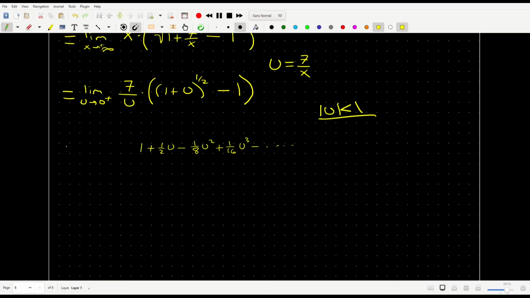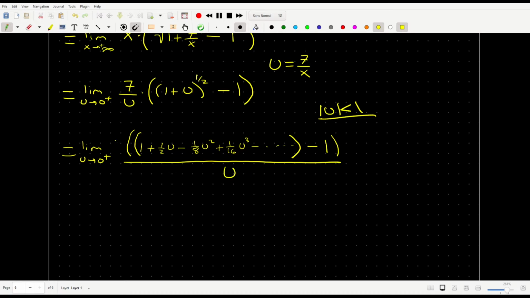And so this limit will be a limit as u goes to 0 from the positive of this infinite series minus 1 divided by u times 7. We can't forget about the 7 in the numerator, which looks a little bit complicated, but it's not too bad.